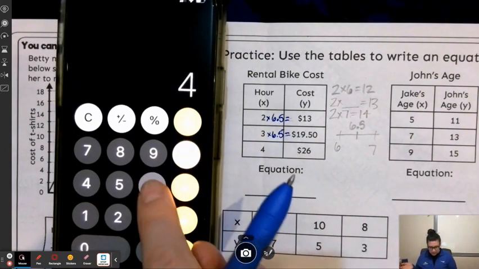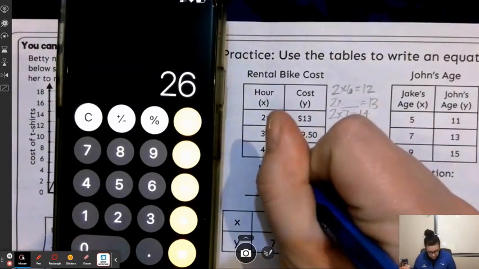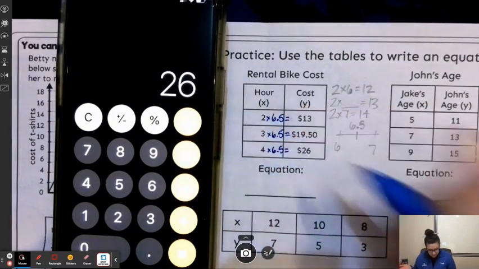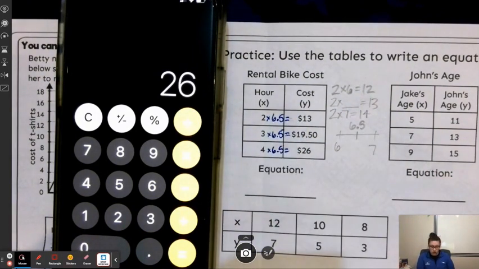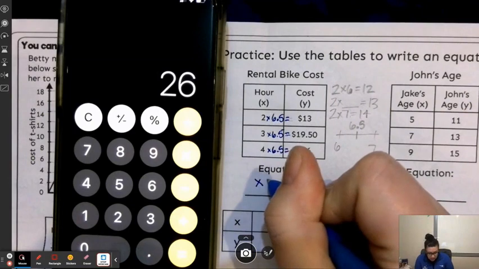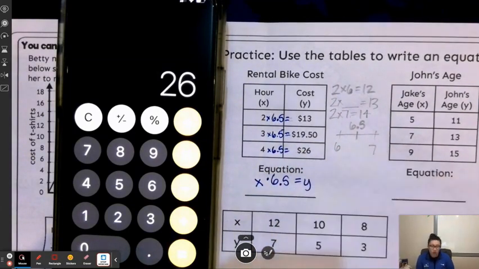What's 4 times 6.5? 26. 4 times 6.5 is equal to 26. So for all of these numbers, we took our x and did what to it? We did x times 6.5, and that equaled our y.